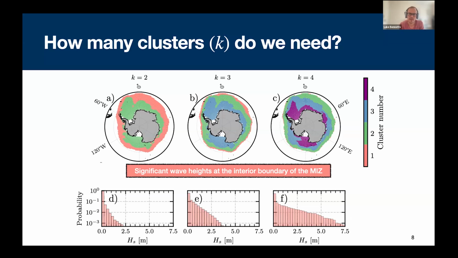We came up with an argument that 3 clusters is the best, and we did that based on an argument about the waves.